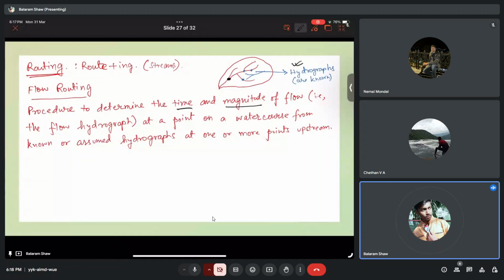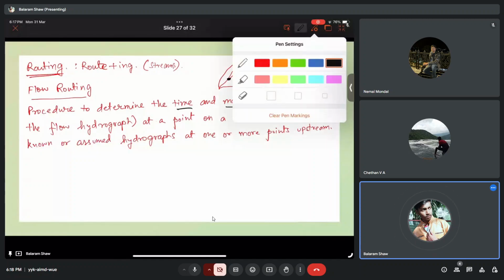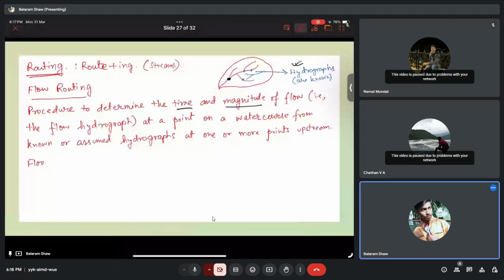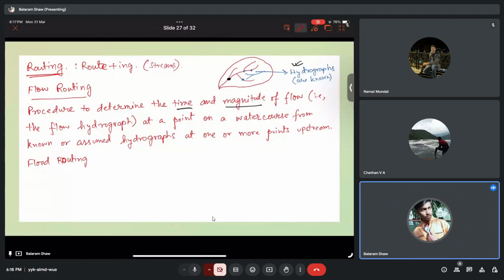In the lecture you might have heard about flood hydrograph or flood routing. Flood routing is when the flow is a flood, because we don't always have a flood.